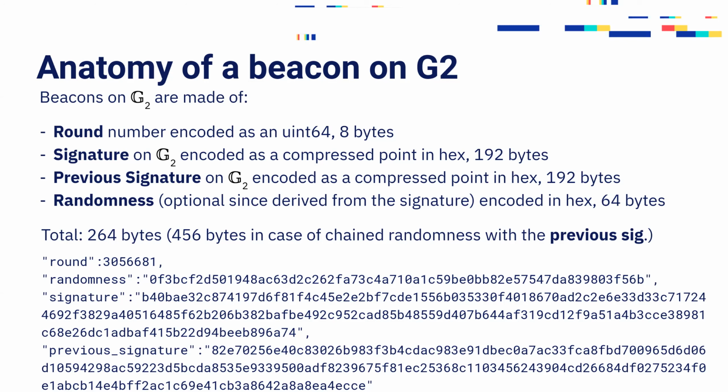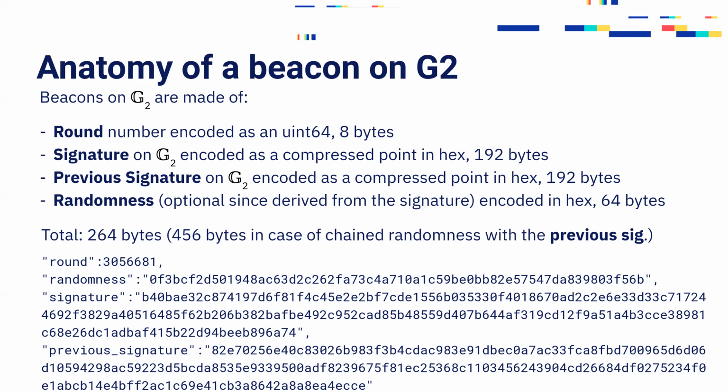But here in chained mode, we also concatenate the previous signature to it, so that you cannot predict a future round without knowing the round before it. And that round, you can't predict it without knowing the round before it, and so on. So if you want to generate a future round, you will have to generate all the intermediate values for all the rounds in between. And then the previous signature is just the signature of the previous beacon.